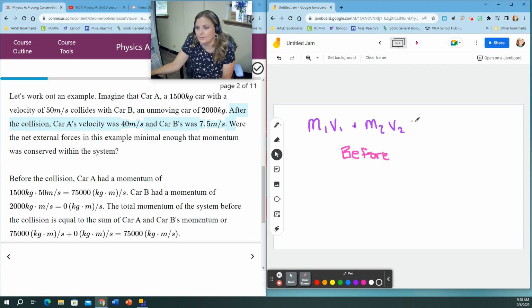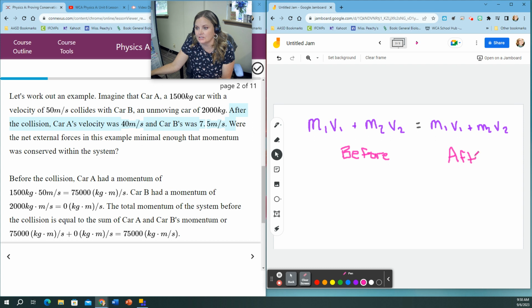That is going to be equal to the mass of object 1 times the velocity of object 1 plus mass of 2 times velocity of 2. This is after the collision.